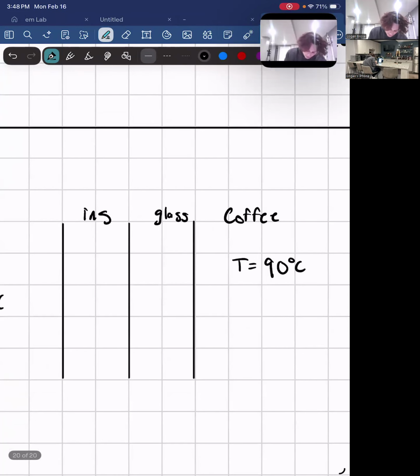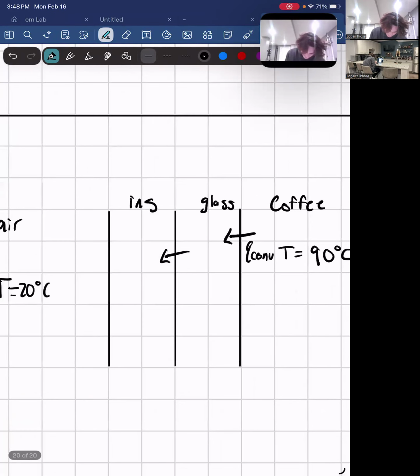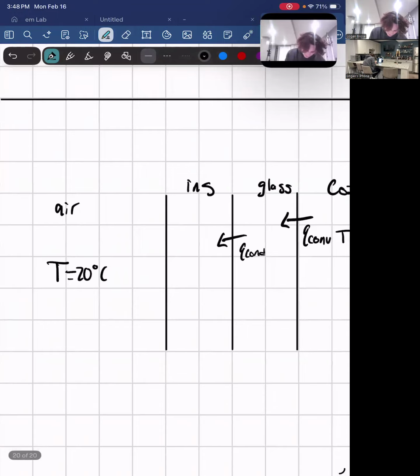From our coffee into our glass, we will have convection. This is going to be Q convection. Then from our glass to our insulation, we will have conduction. Then from our insulation to our air, we have convection.